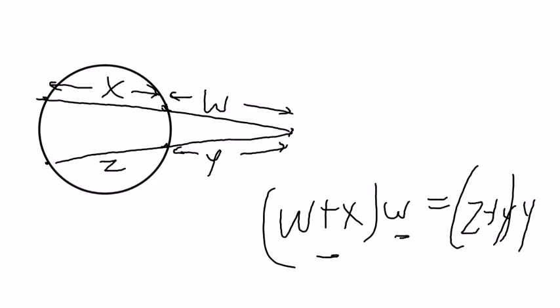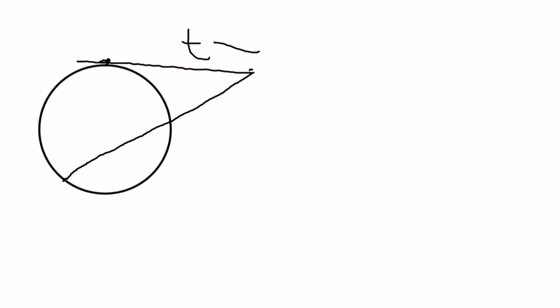Now sometimes the lines look like this. So we have, let's say a tangent. Let's just assume that's a tangent. You're going to have something like that where, let's say this is T right there from here to here. So we only have one measurement right there.